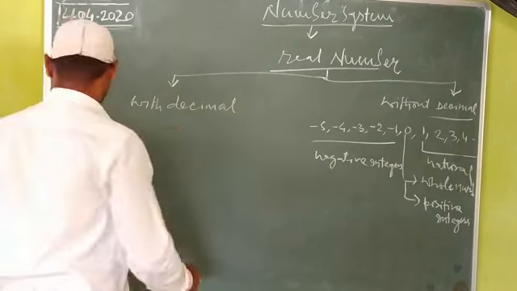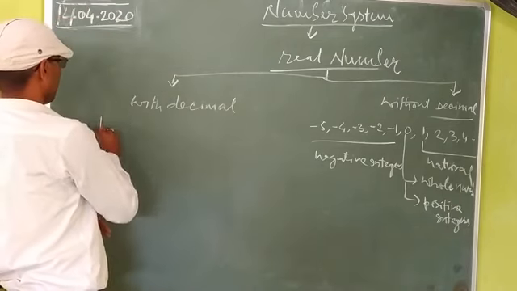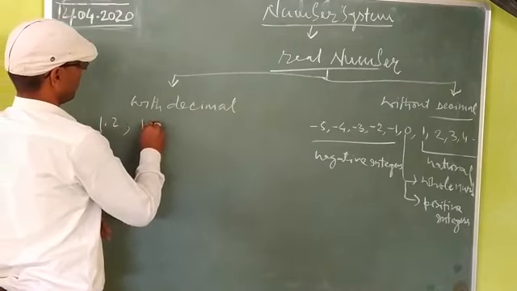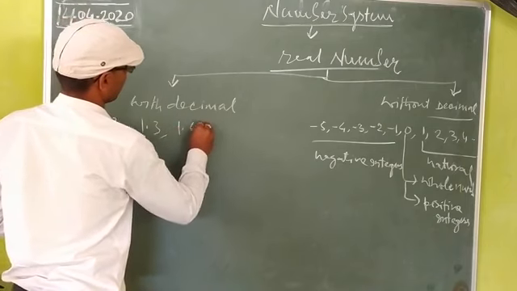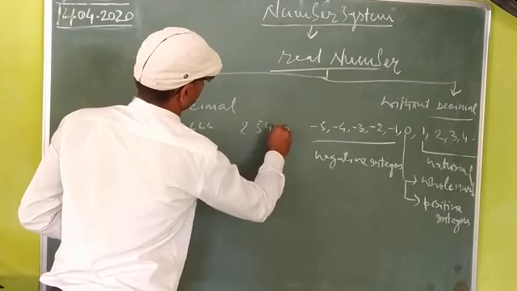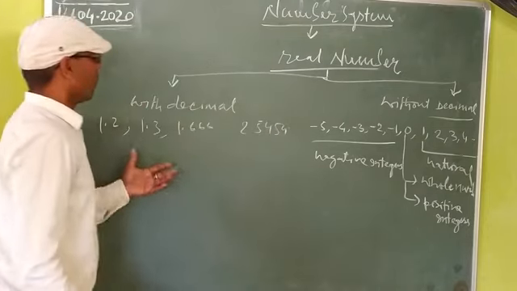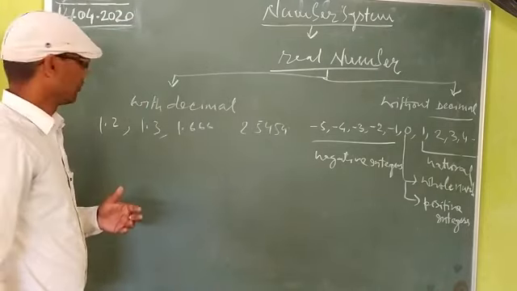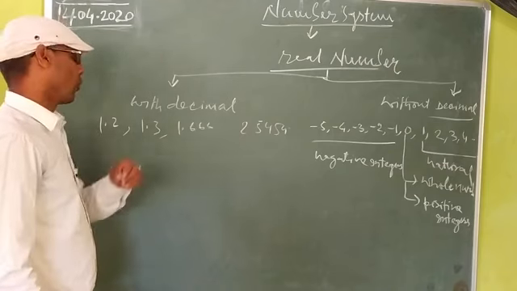With decimal, you can write 1.2, like 1.3, 1.666, dot dot dot, 2.5454, dot dot dot. What are you looking at here? You are looking at one more thing.